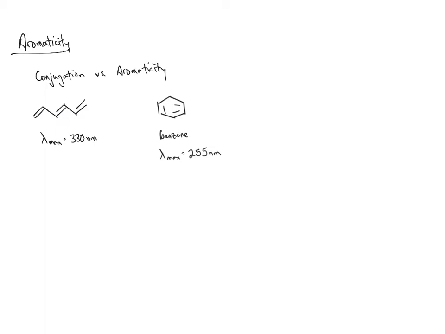This piece of data tells us that there's something interesting going on. Another clue comes from the bond lengths of benzene and hexatriene. So let's say we have this benzene molecule here. We have 2 resonance forms for benzene.